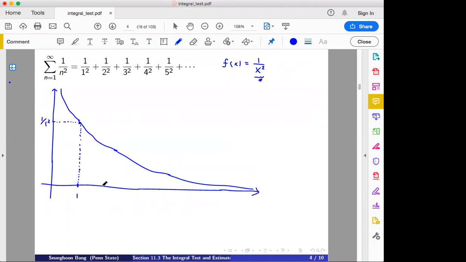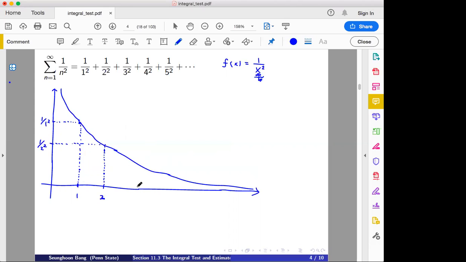You can choose 2. Plug 2 into 1 over x squared. What is the y value? Could you write your answer? Yes, 1 over 4. You plug 2 into x, we have 1 over 2 squared.